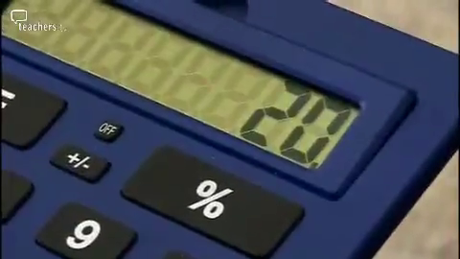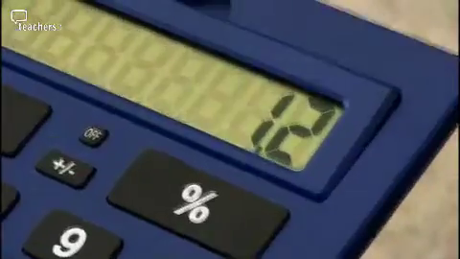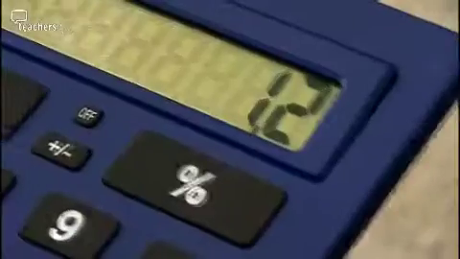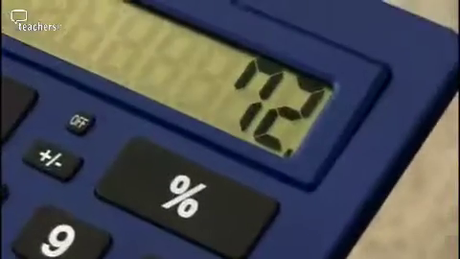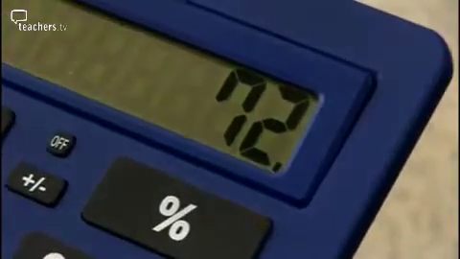So if we divide 240 miles by 200 minutes, that gives us a total of 1.2 miles per minute. If we multiply this by 60, that gives us an answer of 72 miles per hour, which is pretty much the same speed as the train.